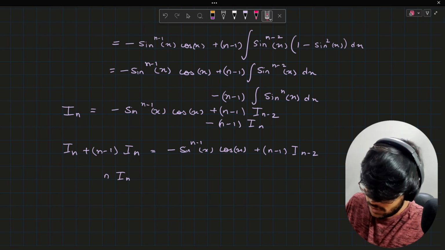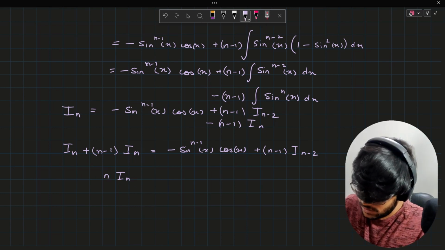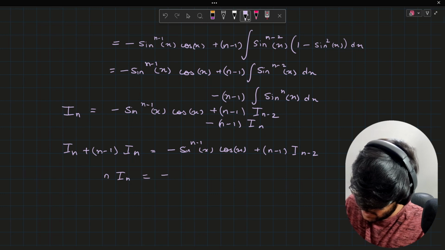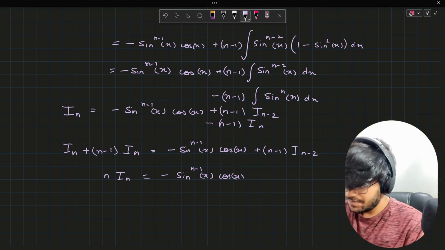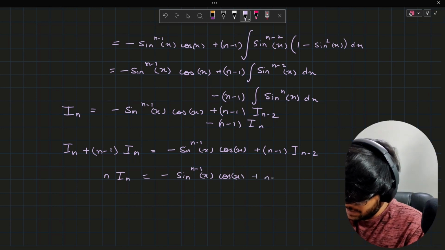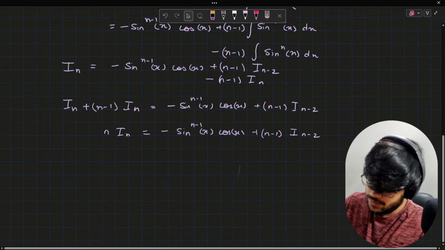So this is a multiplier, this is a subscript. So it's equal to minus sine^(n-1) x cos x plus (n-1) I_(n-2).